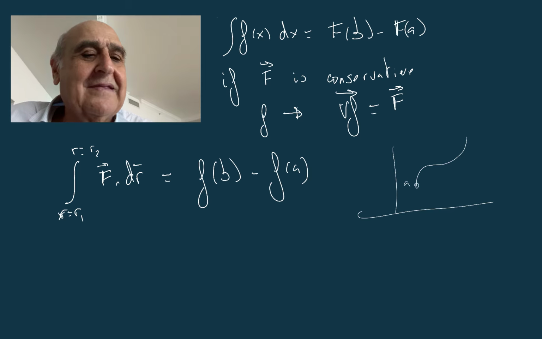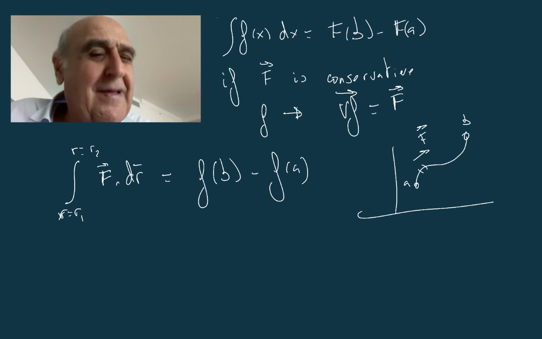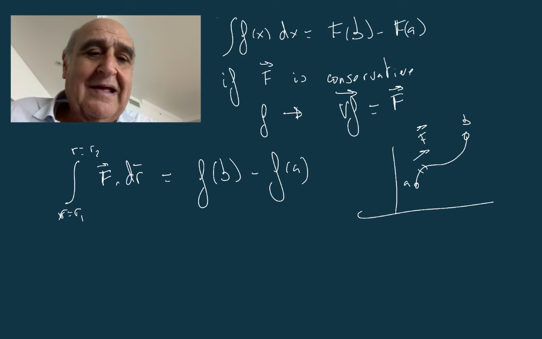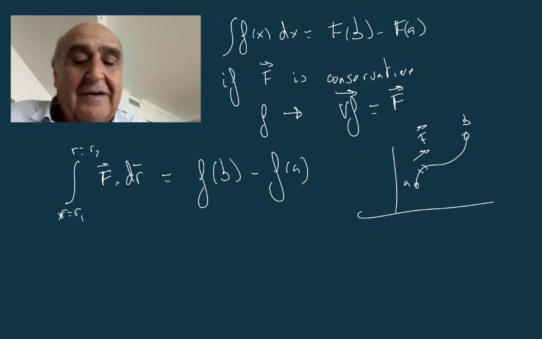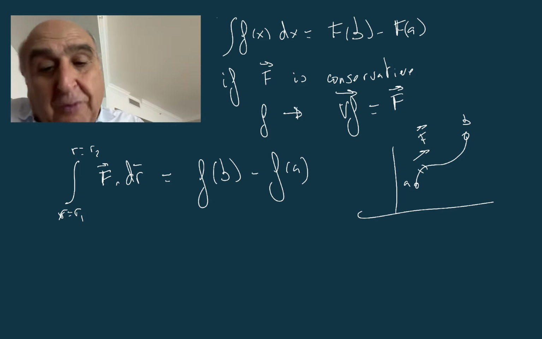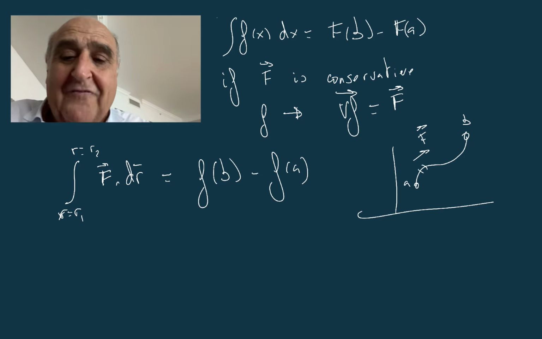This is the point A, this is the point B, this is the vector field F. The vector field F is going in some direction, and you are calculating the line integral of F scalar dr along the curve, and the information about the line integral is codified in the endpoints by the function f, which is the potential, sometimes called the potential. The difference at the endpoints of the function f will give us the line integral.